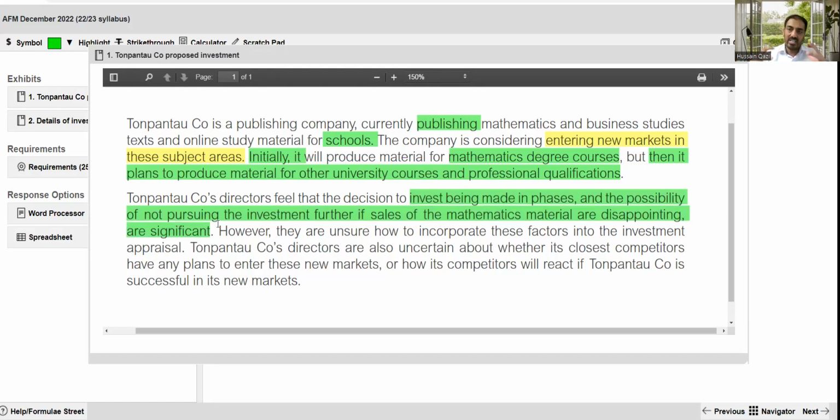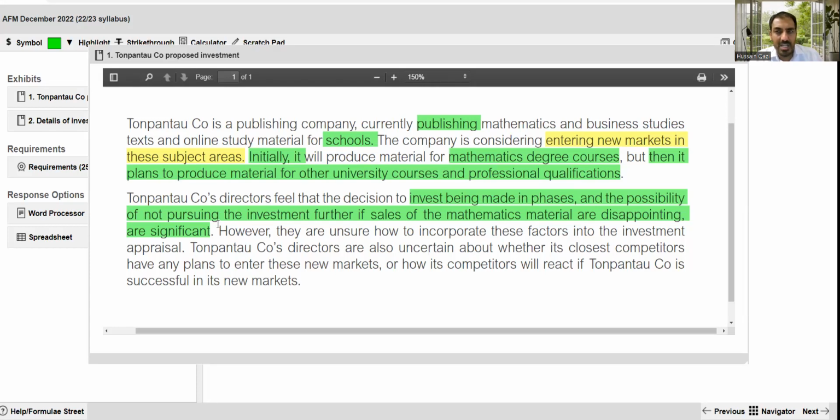If you have already covered BSOP, it's very clear from the first 2 or 3 lines of the second paragraph that they are going to invest, but in future there is the possibility of phase-wise investment.